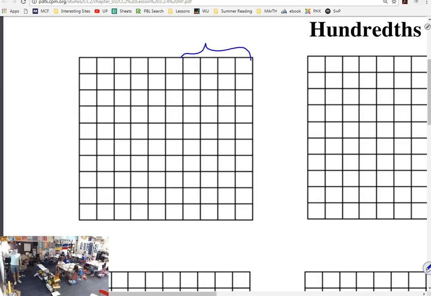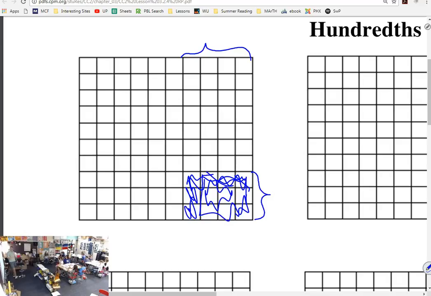I'm going to be high. 0.4 times 0.3, right? I would end up double shading that portion. What is that portion? 12... 1.2. Now wait, you just said 1.2 or 12?